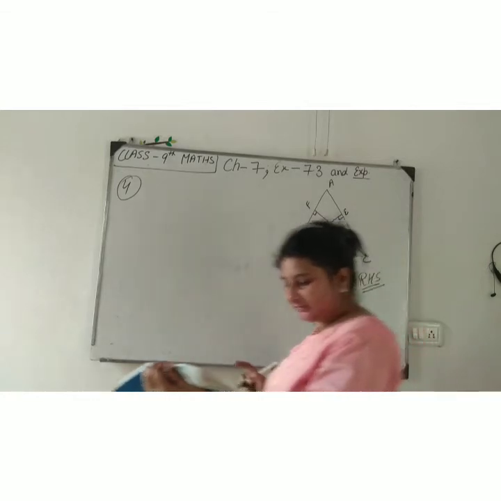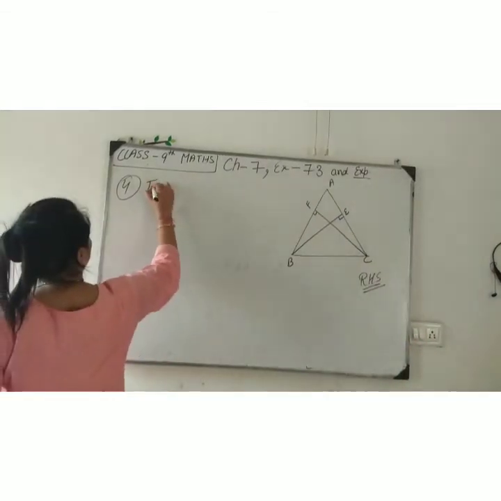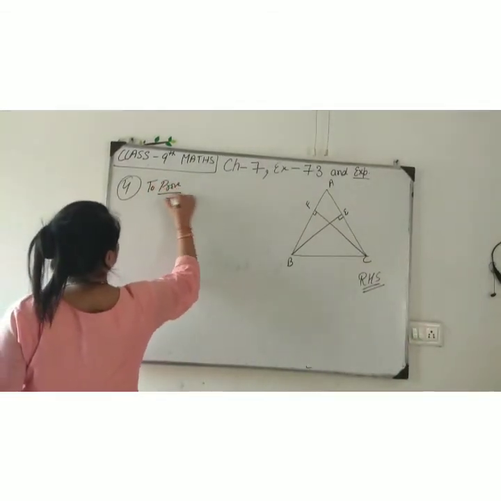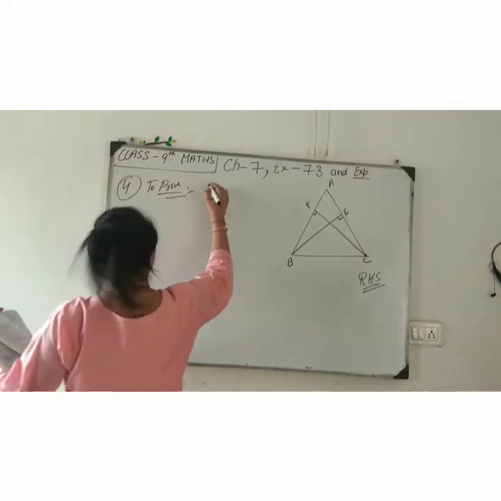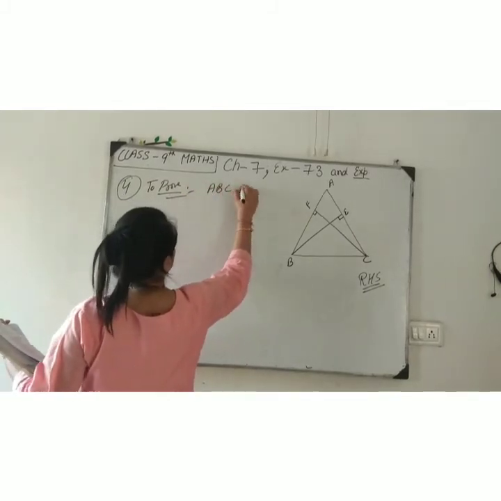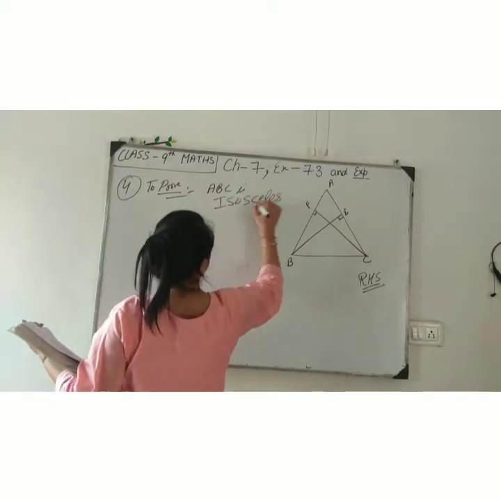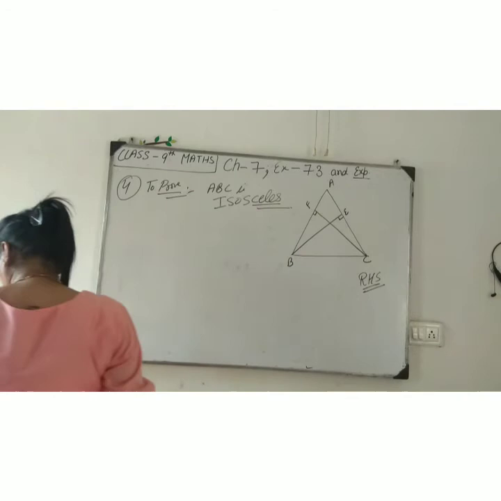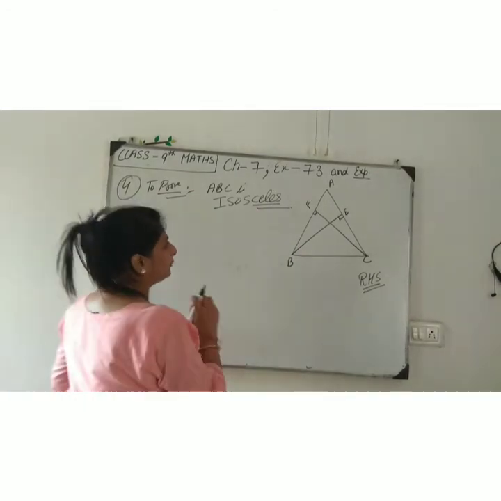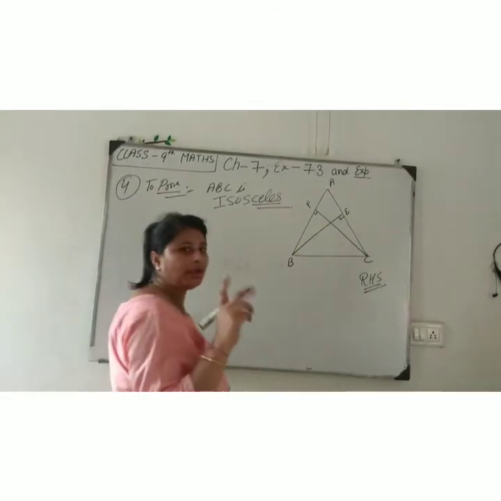And prove that ABC is isosceles. This one I want to prove. If I want to prove an isosceles triangle, I have two conditions.